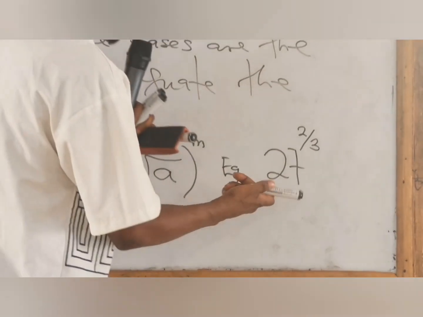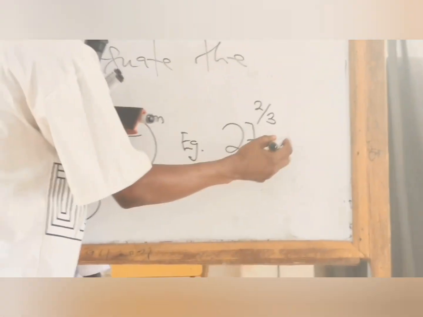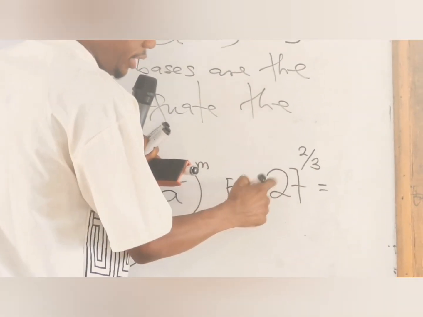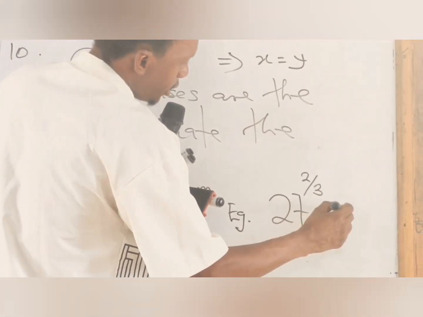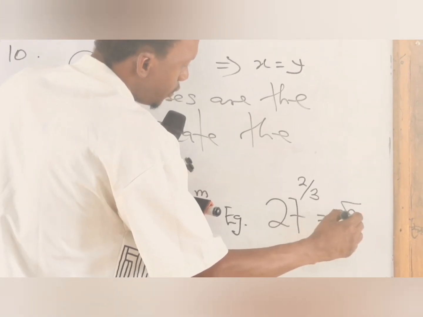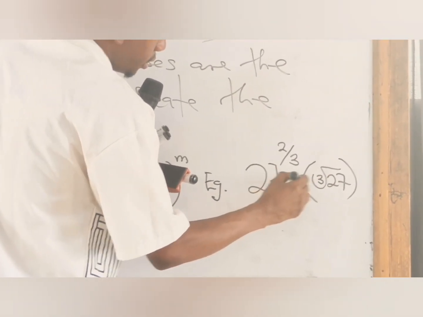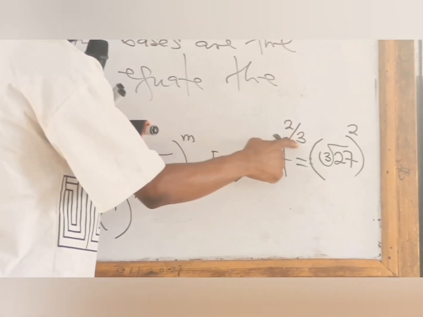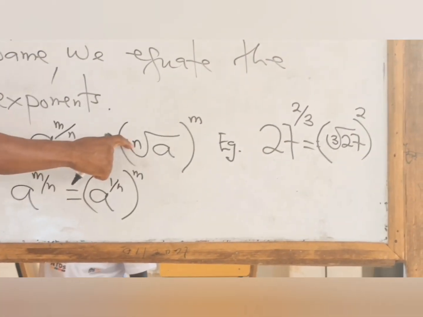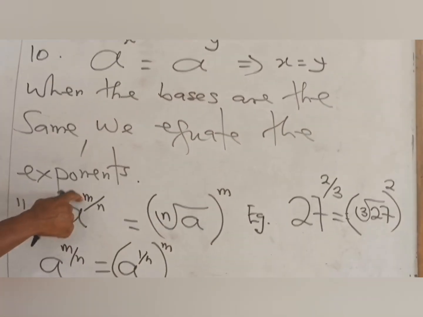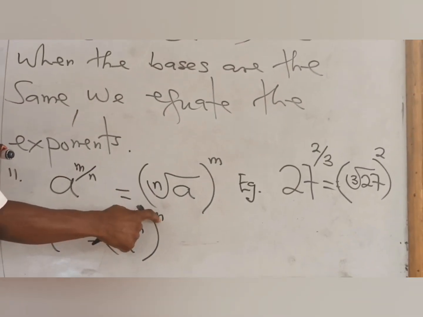So we said you should take the denominator root of this. So you are going to take the cube root of 27. After that, the answer you get, square it. Can you see? The denominator is the root of the number, after raising to the power, the numerator.